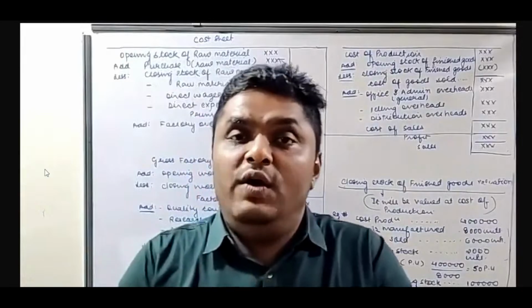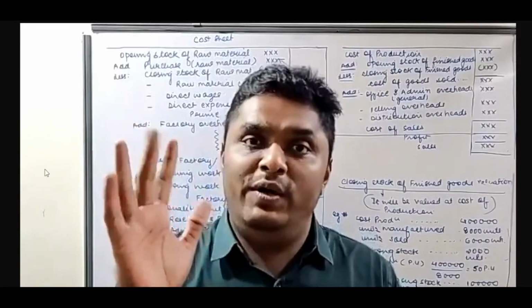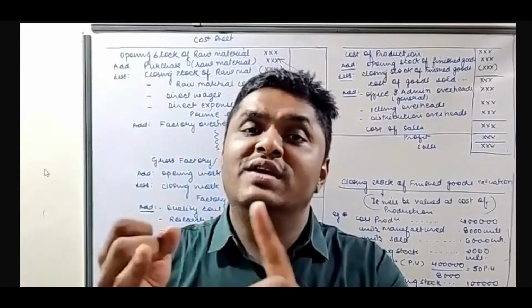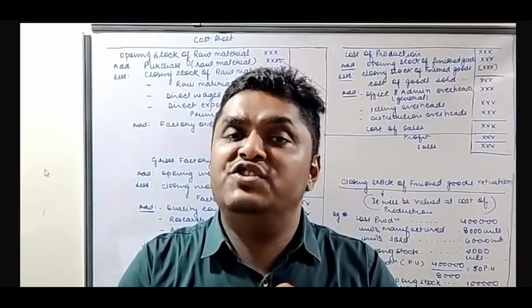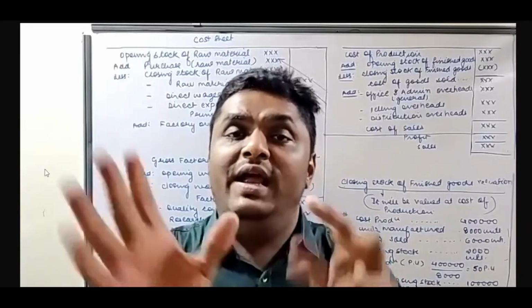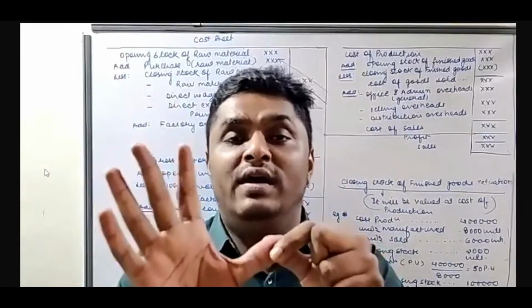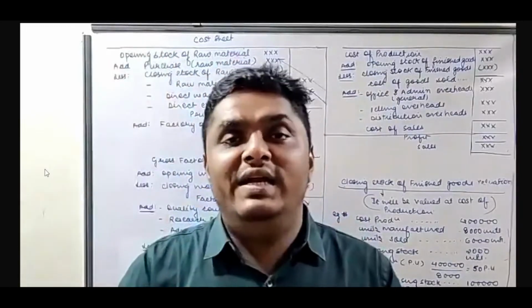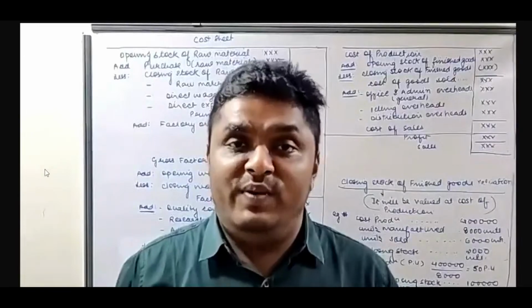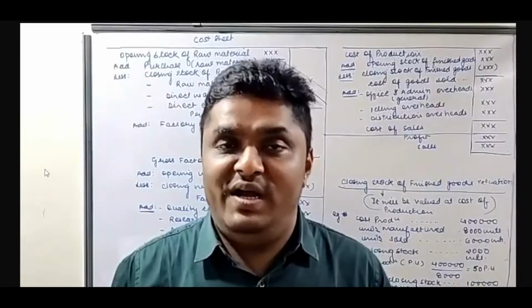So after factory cost is calculated, these 5 important points: quality control cost, research and development cost, administration overhead related to production, primary packing cost, and last, credit on amount realized on sale of byproduct. We have to adjust all the items to get the cost of production. That is the final cost of production.